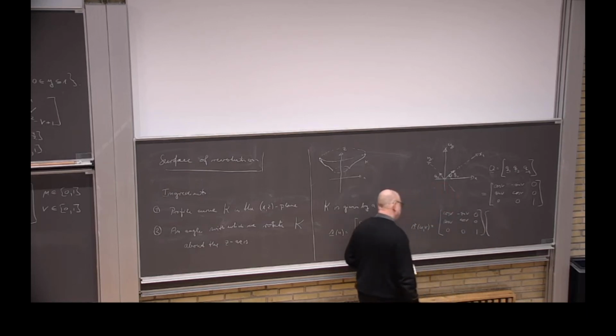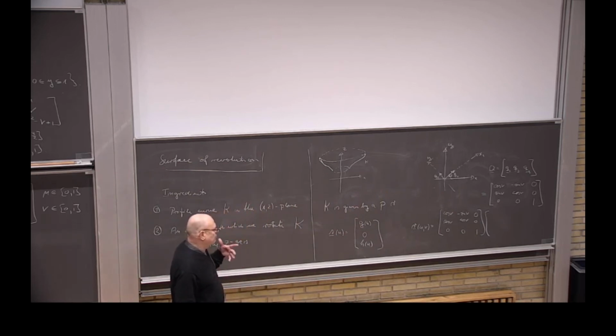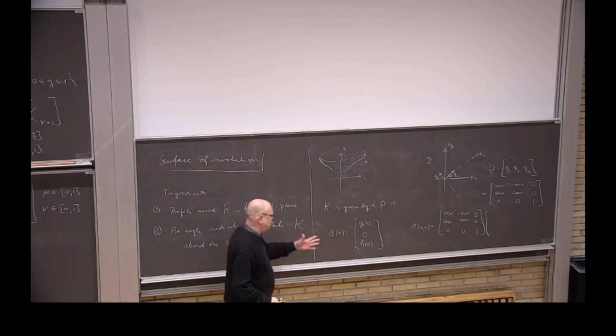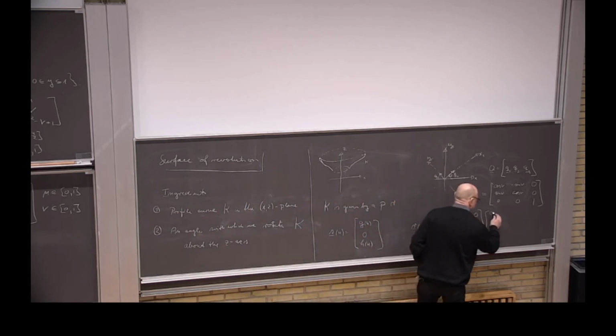And then I have my parametric curve, and it looks like this in the x1, y1, z coordinates: g of u, 0, h of u.